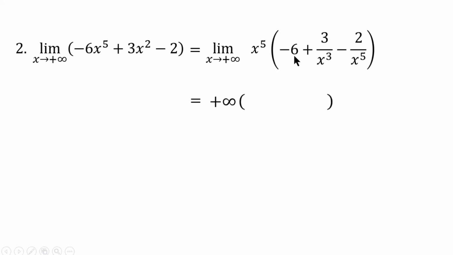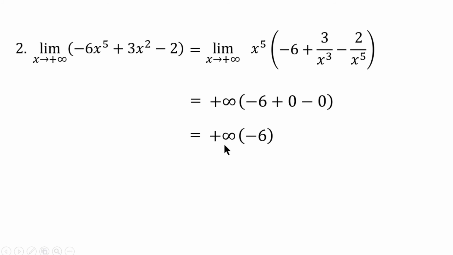Next, the limit of negative 6 as x approaches positive infinity is negative 6, the limit of a constant, plus the limit of 3 over x cubed is 0, minus the limit of 2 over x raised to 5 is also 0. Copy positive infinity, negative 6 plus 0 minus 0 is equal to negative 6.